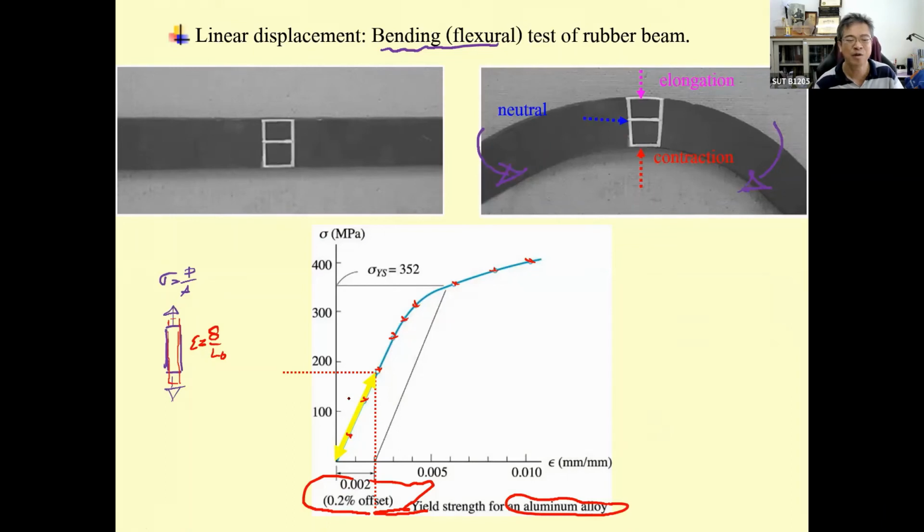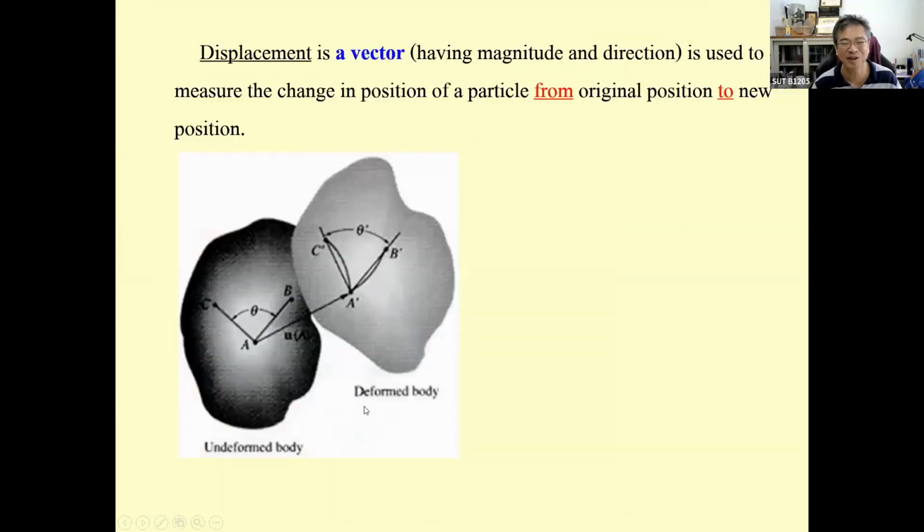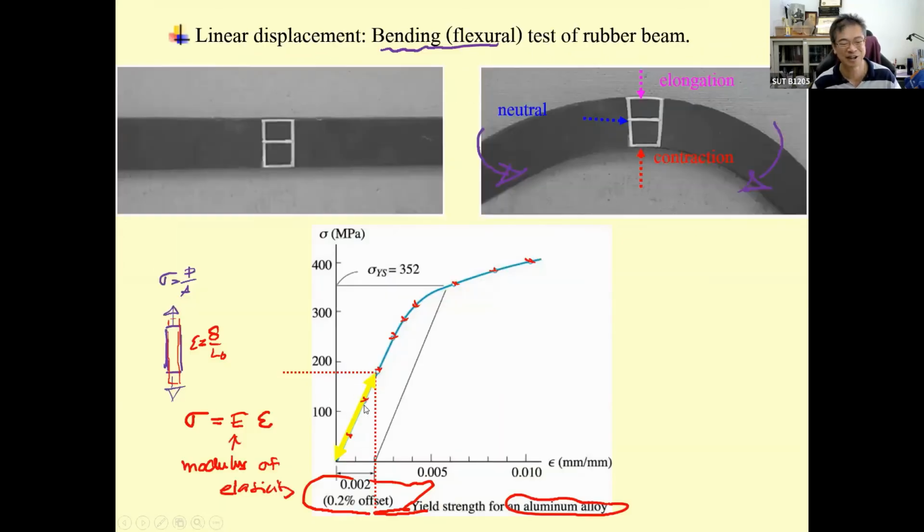And then we have the relationship for the linear portion, sigma equal to E epsilon. We call this the modulus of elasticity.